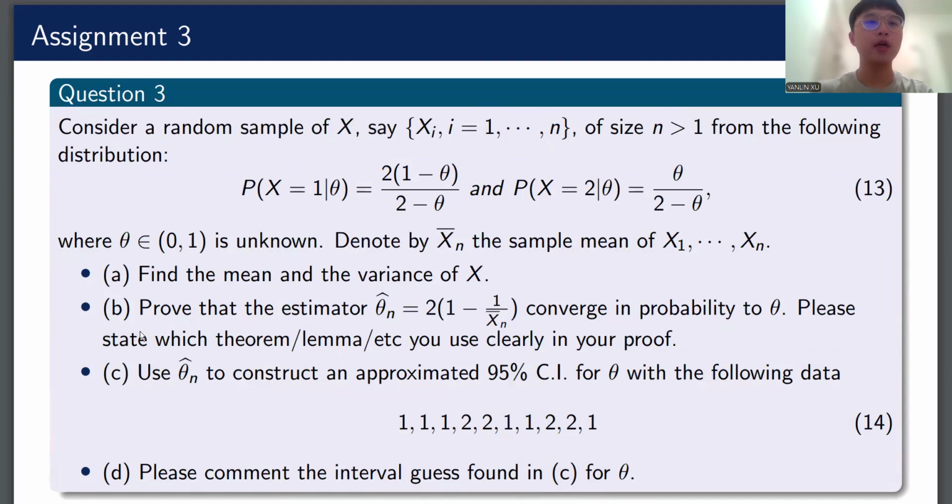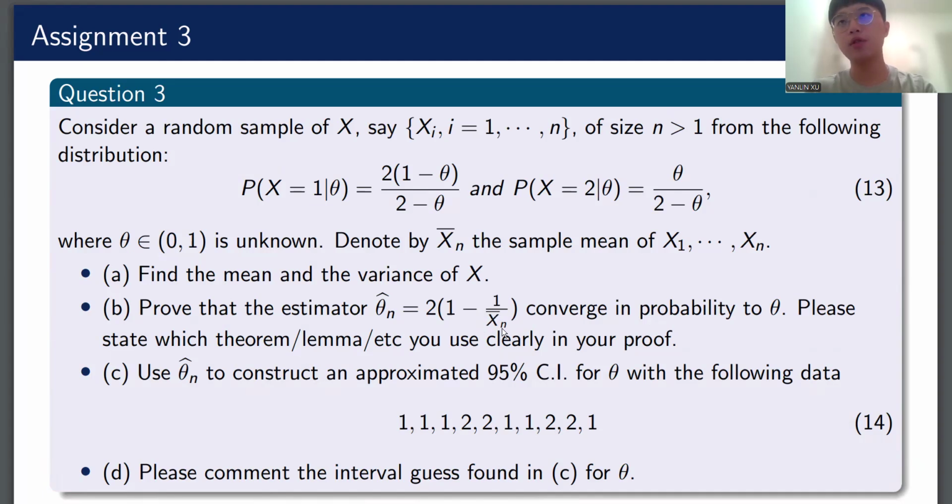And then the second question, we have to prove that the estimator, which is defined by 2 times 1 minus 1 over sample mean, converges in probability to theta. First, let's take a look at the sample mean.